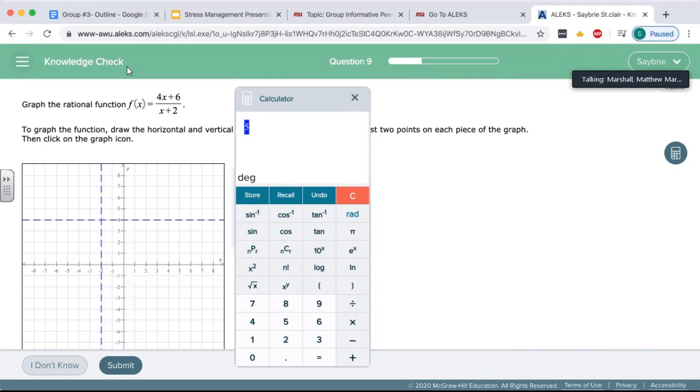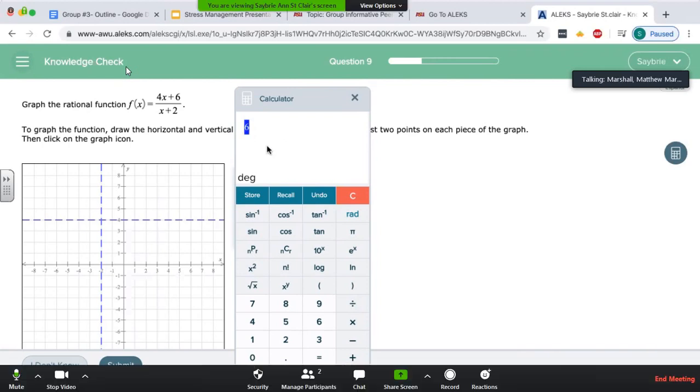Let's plug in another one. Let's do that again, but plug in negative 3. So you got to hit that fraction button first, though. There you go. So 4, negative 3 plus 6, and then negative 3 plus 2. All right, so yep. So it looks like you can do that part of the graph. So negative 4, 5.